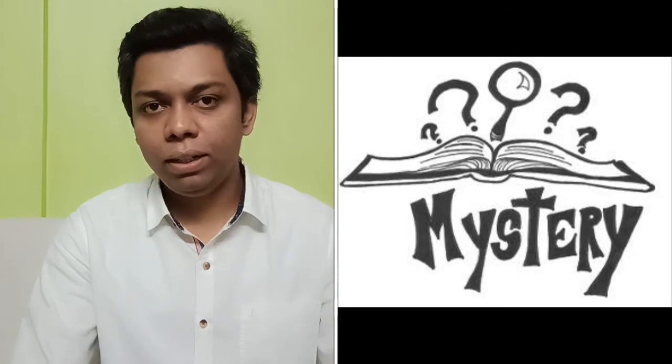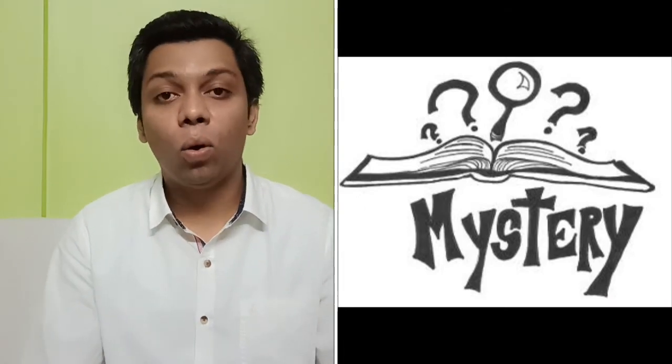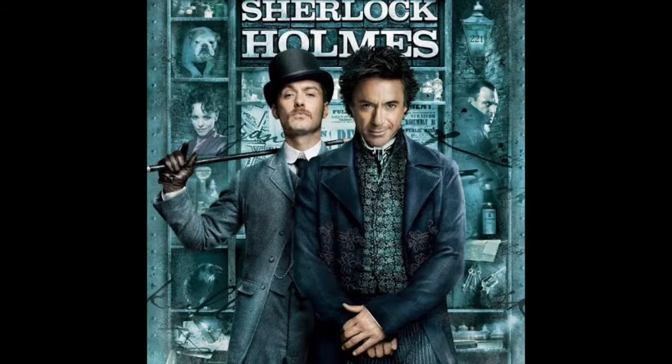Now the next is mystery. In mystery fiction, the most important English example is Sherlock Holmes, wherein he finds the killer who kills the protagonist or the major people in the fiction. And the next is romance fiction. We all know that there are plenty of movies and books based upon romance fiction.